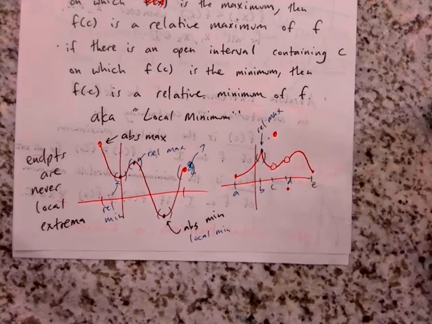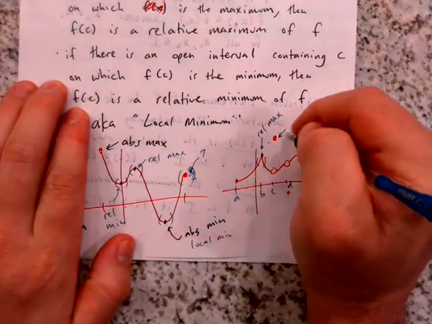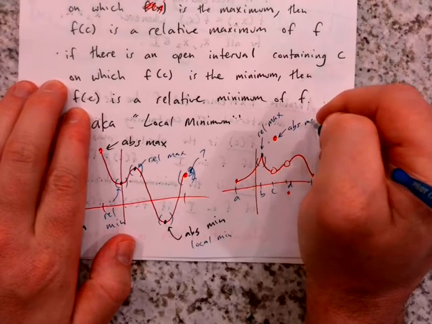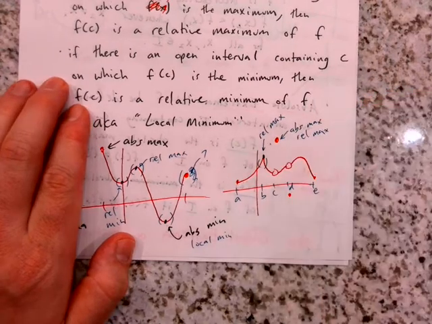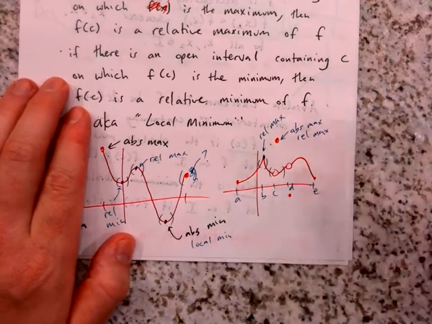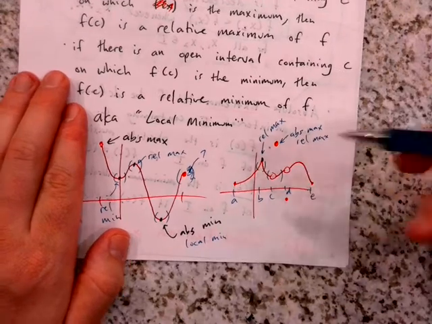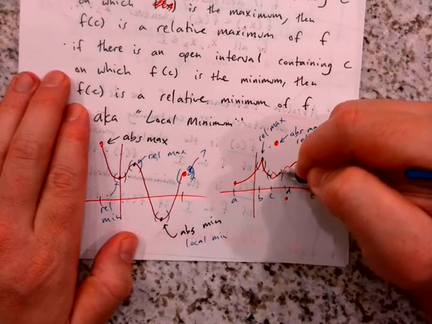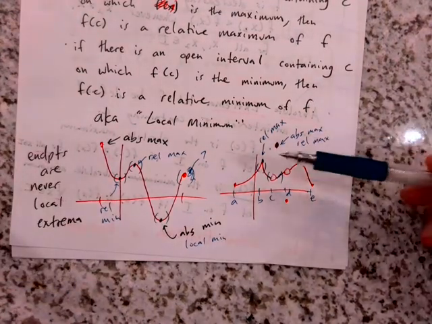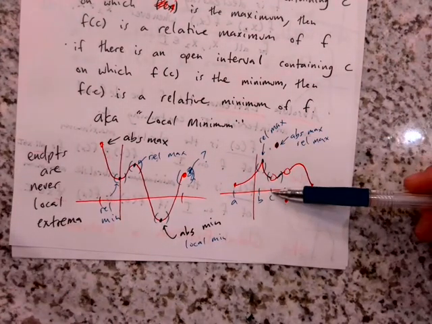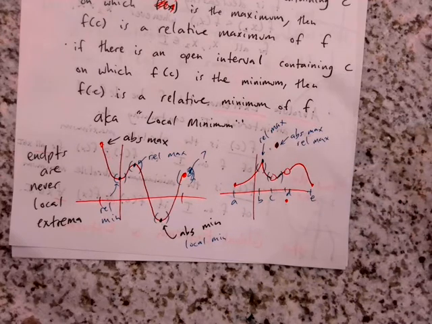At C, well, this point is the absolute max, as I just kind of gave away, but it's also a relative max because there is an open interval around C, and of all these y values, which are mostly down here, this one is the highest. So it's a relative max because in this interval around the point C, that's the highest point. So you don't need continuity for a relative extrema. All you need is for your function to exist, which ours does.